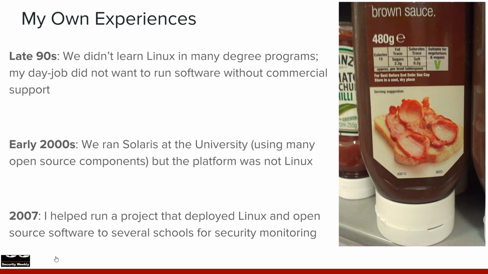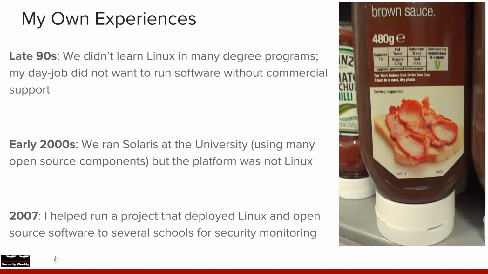By the time I left the university in the 2006, 2007 timeframe, they had fully converted to open source Red Hat Enterprise Linux and were phasing out Solaris. And in 2007, when I landed my job at Ocean, I was using entirely open source software, deploying to many of the universities and nonprofits in Rhode Island, deploying Snort sensors using all open source software to help them monitor their infrastructure and their security events.